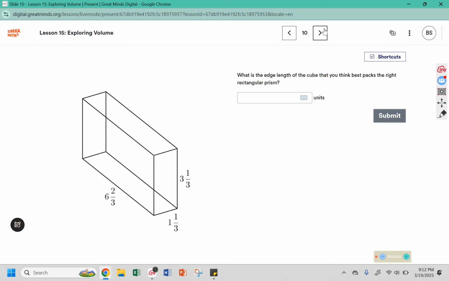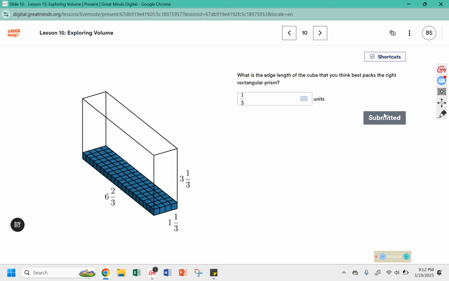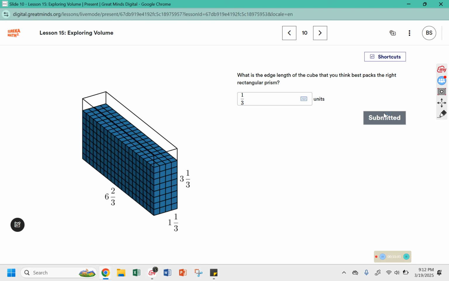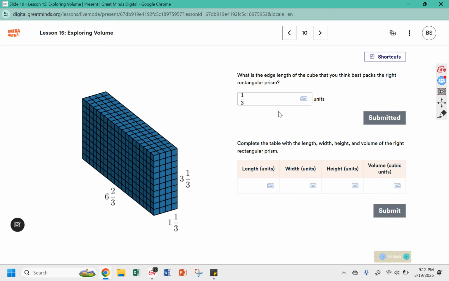What is the length of the cube that you think best packs the right rectangular prism? Again, because the denominator is a 3, I would use 1/3. Complete the table with the length, width, height, and volume of the right rectangular prism.